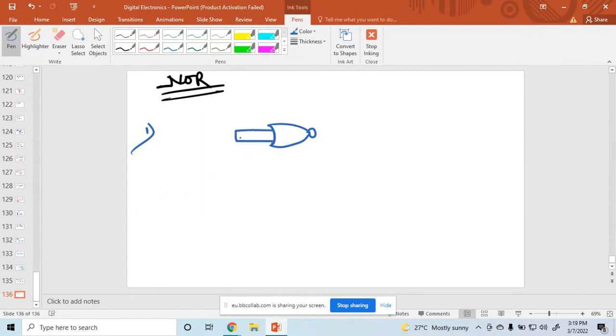If the input is shorted and the input is A, what is the output? Output is A bar. So it works like a NOT gate. For the designing of NOT, one NOR is required.